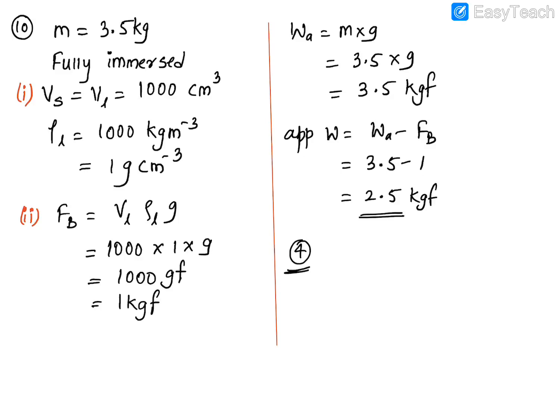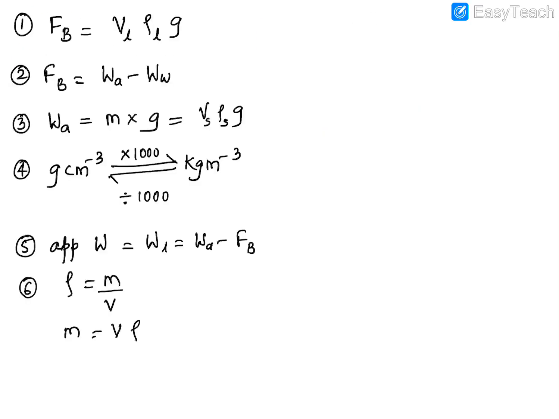Now the next thing I'm doing is we'll do the problems which are of the B part of the chapter. So we'll add some more formulas in the same formula sheet that we were using earlier. We already have the formula for density. Now the next formula, the 7th formula, is RD of a substance.